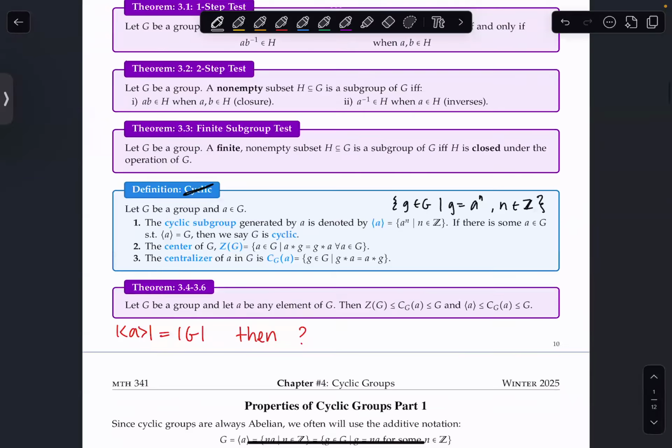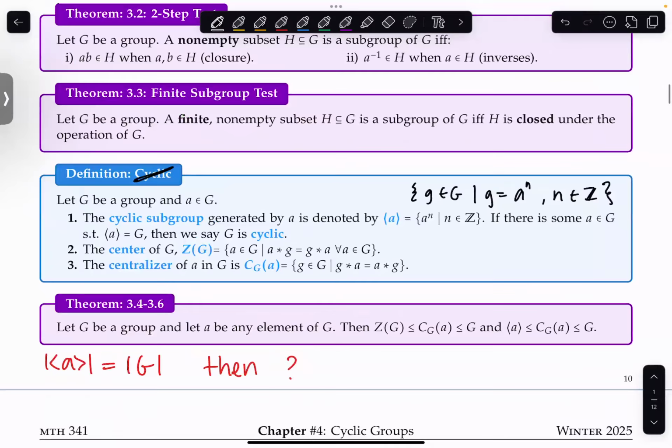Okay, so the last things that we did was we defined these specific examples of subgroups that we get for any group G. We already talked about our cyclic subgroup, which is going to be the things generated by elements inside of your group, where we'll use our angled brackets to denote these cyclic subgroups.